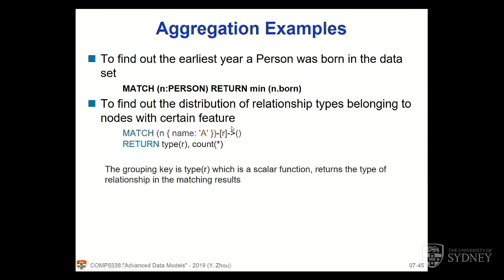Maybe there are many different types of relationships, so we want to find out the distribution of type. We can work out the type of R. So we give it type of R, and then we count for each type how many relationship instances there are. This is the grouping key, and this is the aggregation we're doing.